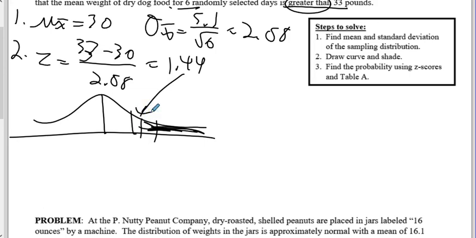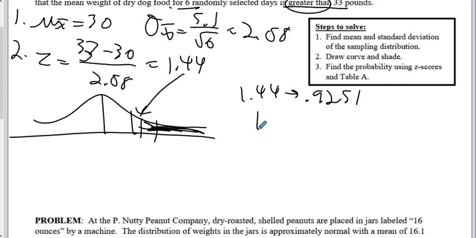Now we go to our table A in our packet. And when we do that, 1.44 is going to yield the number 0.9251. Is that what we want? If we want greater than, if we're shading to the right, is that the number we use? No. What do we do? 1 minus.